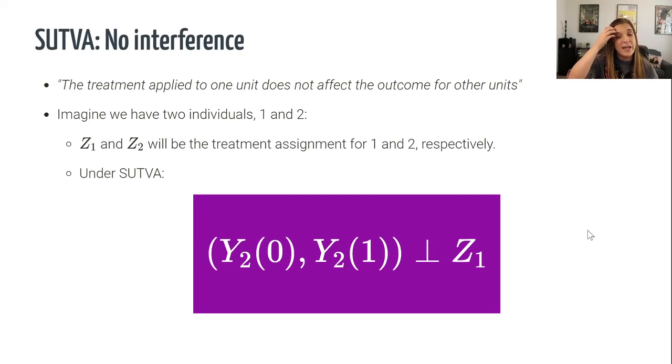If the first unit got the treatment, it doesn't affect my potential outcomes. If the first unit did not get the treatment, my potential outcomes are exactly the same. So this is the mathematical expression for this, but let's look at some examples.